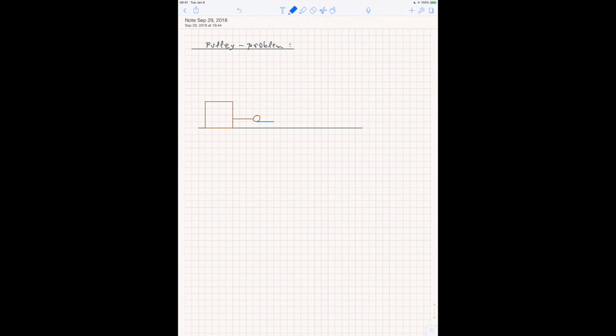So here's one string, here's the other string, here's the next pulley, like this. Let me in fact change this line a little bit. Wrapped around here like this, and wrapped around here like this.